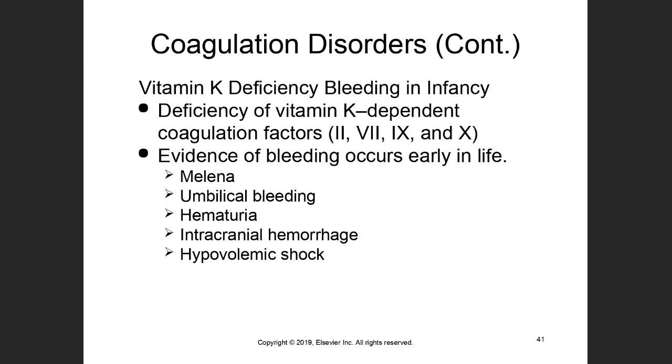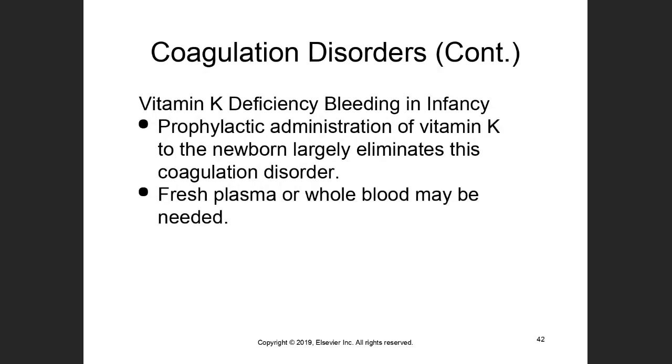You don't have any bacteria. Newborn babies are sterile and don't have any flora, so they can't make the vitamin K. That's why newborn babies always get a shot of vitamin K to avoid bleeding. Vitamin K deficiency bleeding in infancy is the most common one.